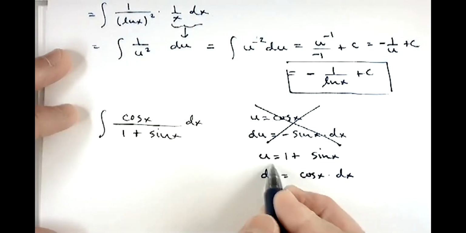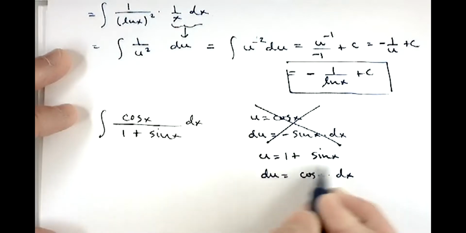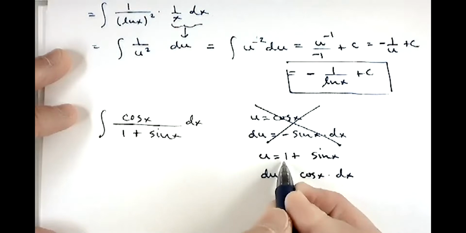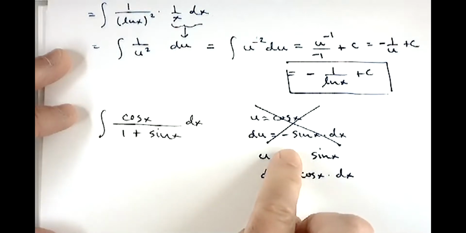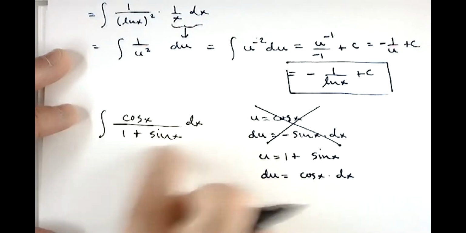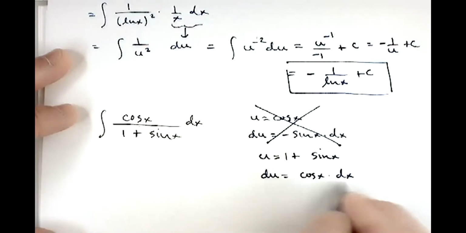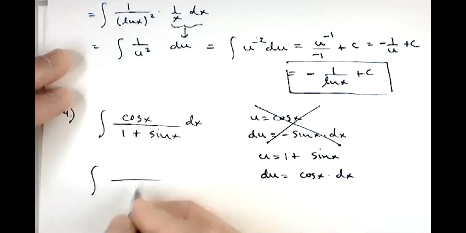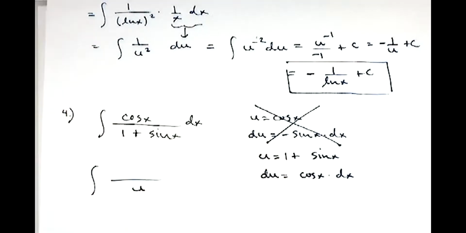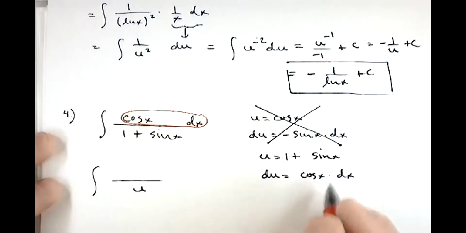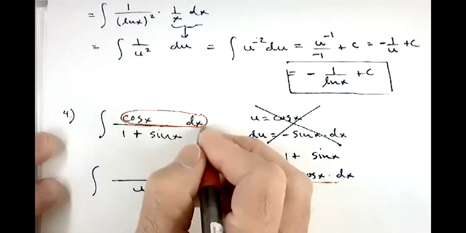Another guideline for u: take as much as you can get away with. I could have just done sine, and then I would have had 1 plus u on the bottom. But if I take the whole denominator, I can still satisfy the du. The bottom is u, and cosine of x times dx is exactly du. So that's going to turn into du.